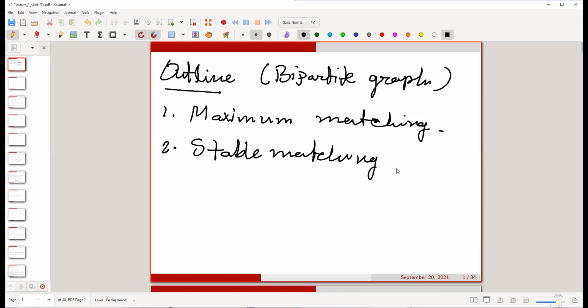And after stable matching, we are going to look into the structure of stable matching and other stuff. And then in the last part, we are going to look at matching problems with one-sided preference.